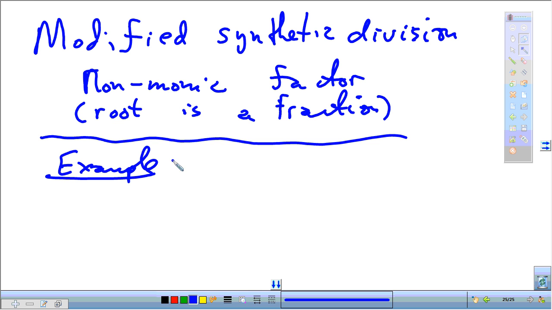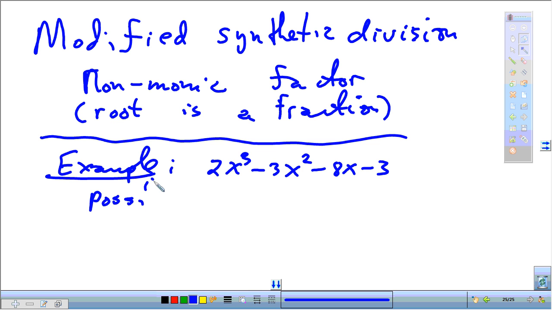So let's take an example of the same polynomial we were working with, 2x cubed minus 3x squared, sorry, minus 8x minus 3. And check a possible root.